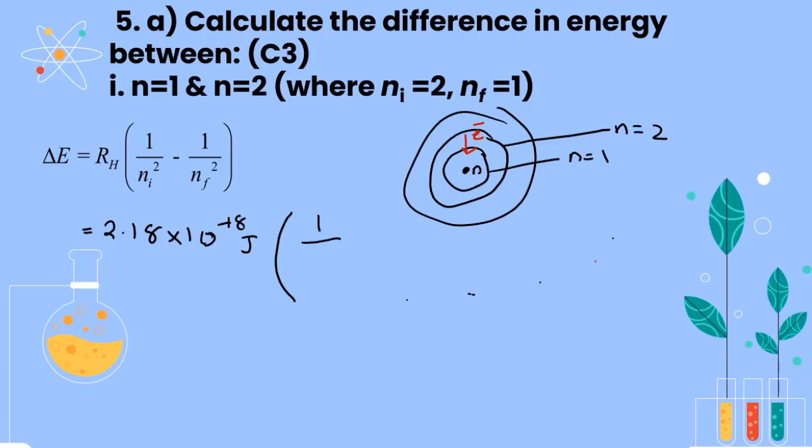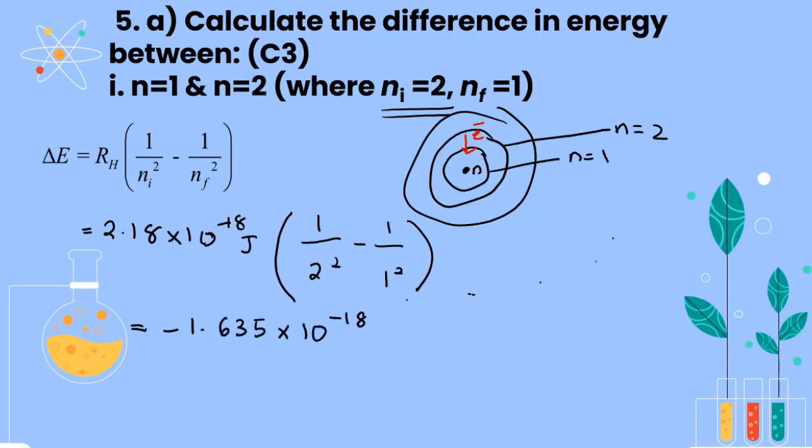It's stated here that n initial is 2, which means the electron comes from energy level number 2. So 2 squared, minus 1 over n final, which is 1 squared. Make sure you plug in the right values into your formula. So you should get the answer negative 1.635 times 10 to the power of negative 18 joule.